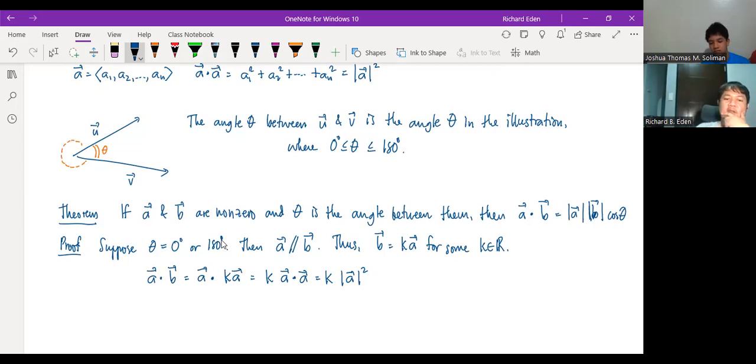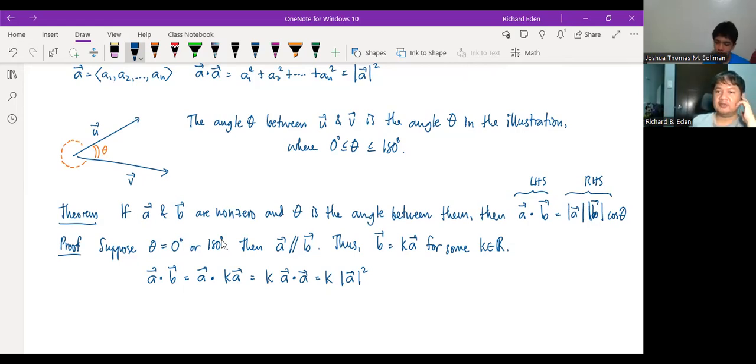All right, so that's the left-hand side. We're proving that the left-hand side equals the right-hand side under the situation where A and B are parallel. We'll handle the case where A and B are not parallel later. For now, let's just take care of this situation.